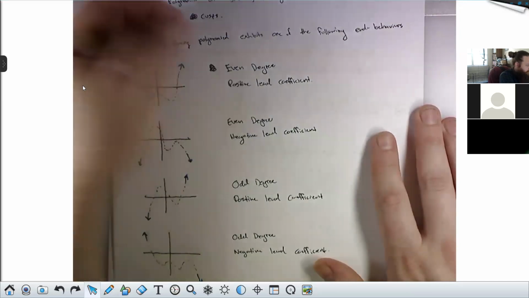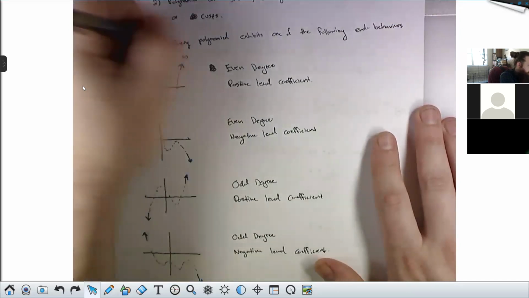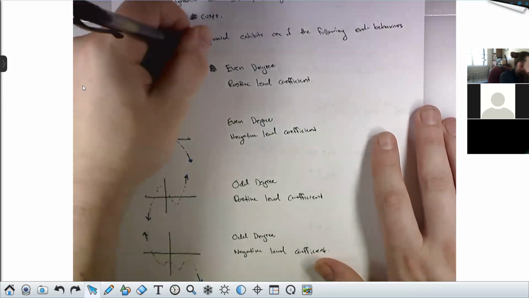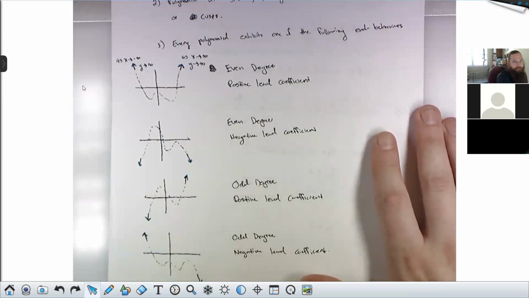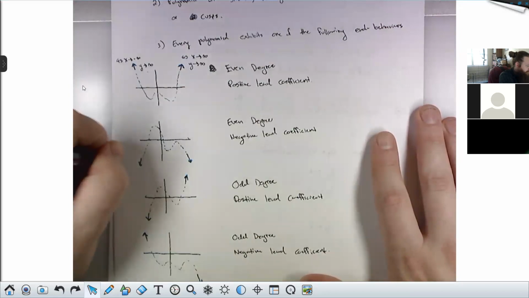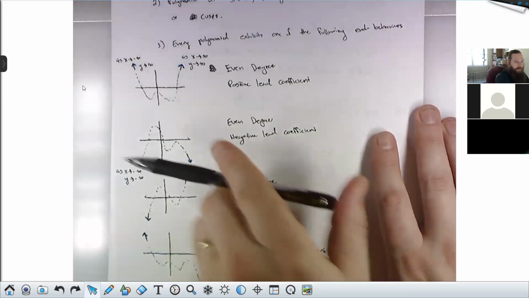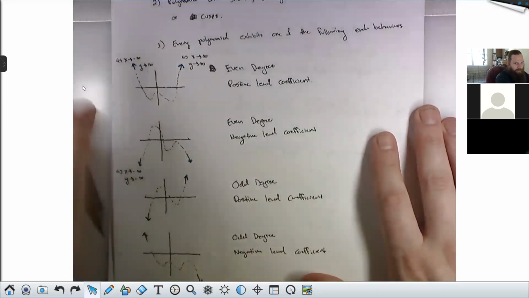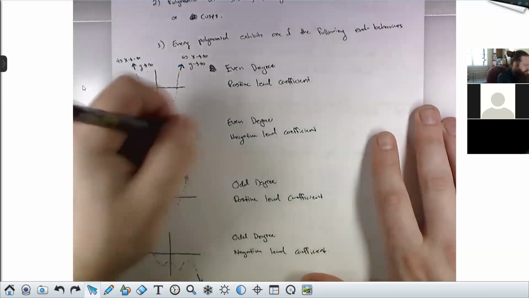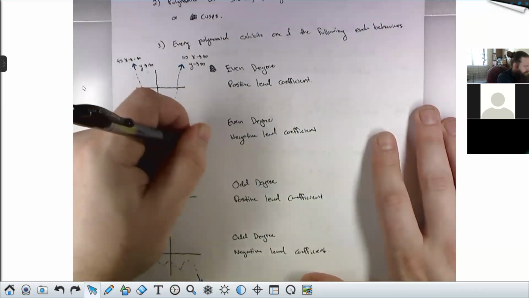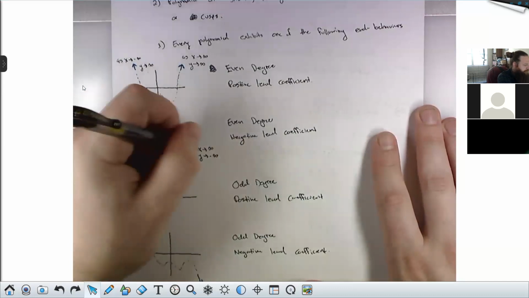To describe this arrow over here, I would say as x goes to positive infinity, y goes to positive infinity. For this guy, I would say as x goes to negative infinity, y goes to negative infinity, because as we go to the left, we go down. And this guy over here, I would say as x goes to positive infinity, y goes to negative infinity.